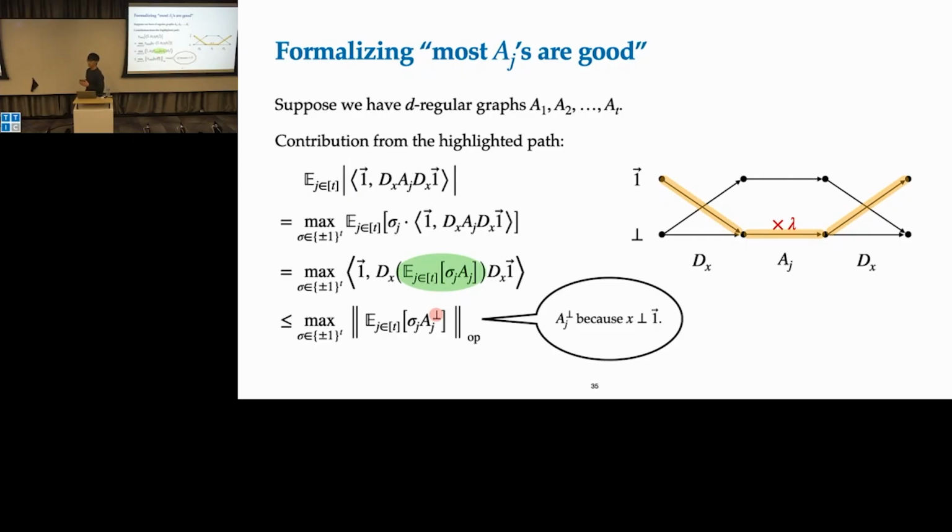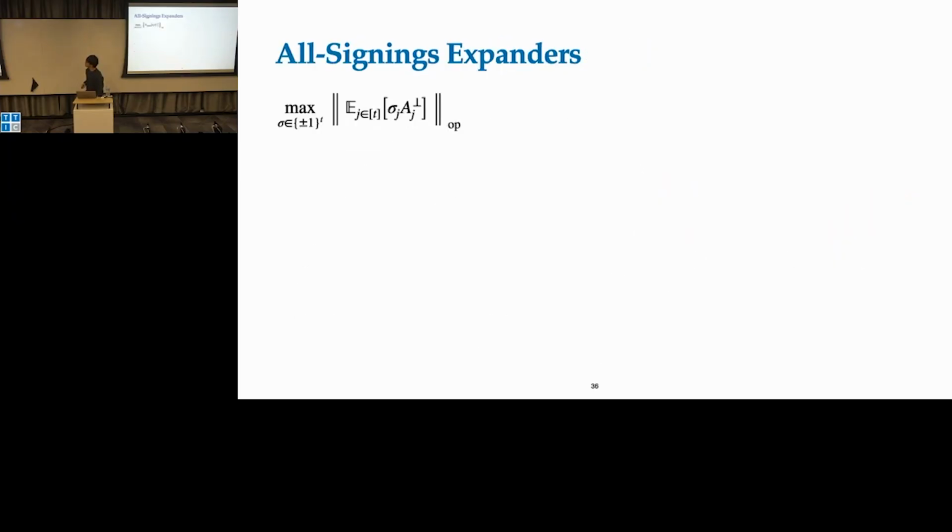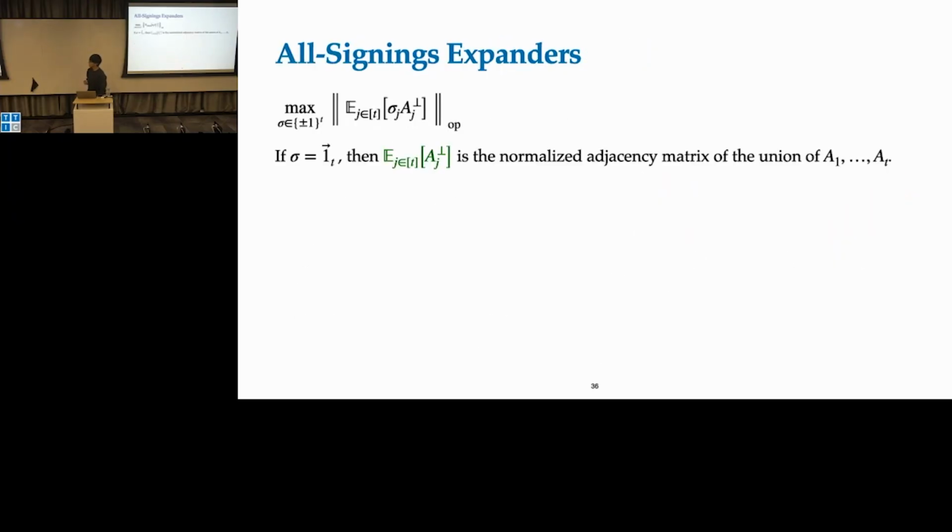Let's try to understand this quantity a bit better. What is this quantity here? Suppose that we set sigma to be the O1's vector. What do we get? We get that the expectation over j of aj is the normalized adjacency matrix of the union of these graphs.